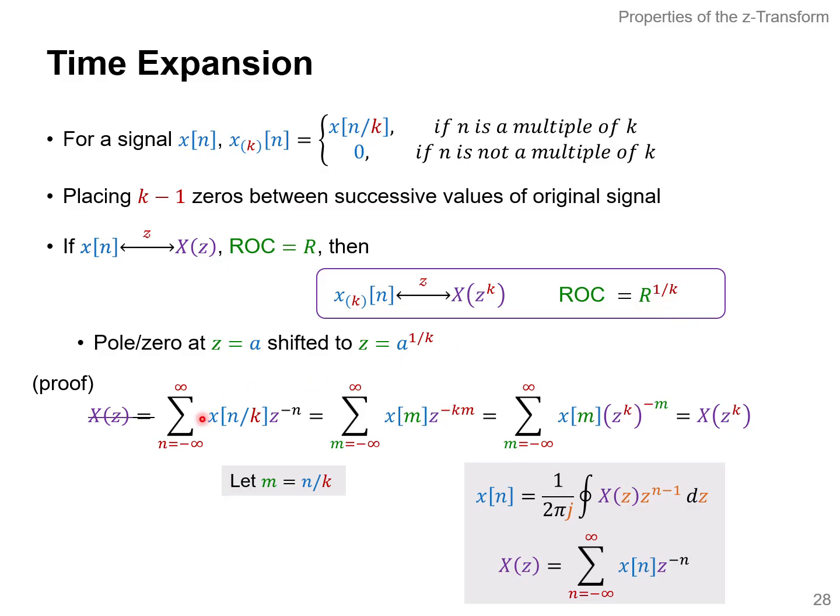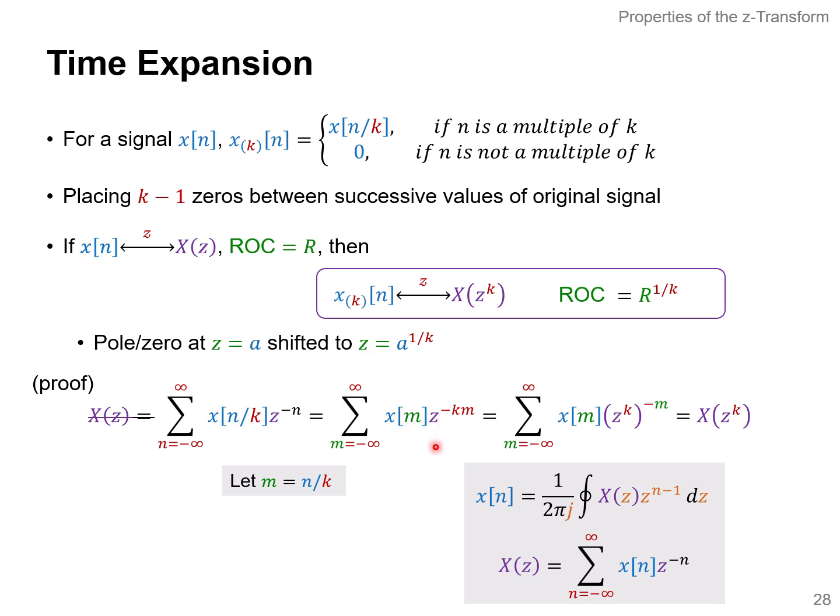Now let's look at why this is true. We start by writing the z-transform of the expanded signal. We change the index by letting m equals n over k. So here we have x of m. Then we get this.